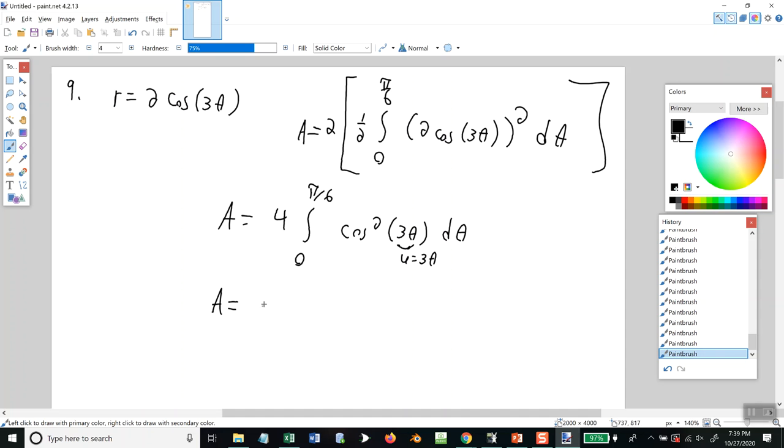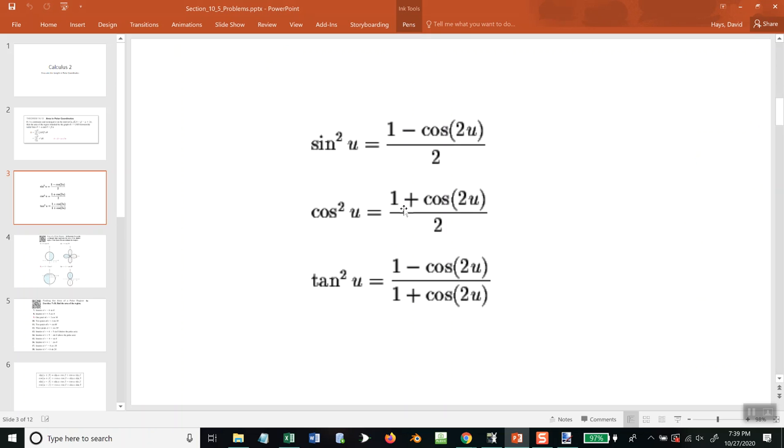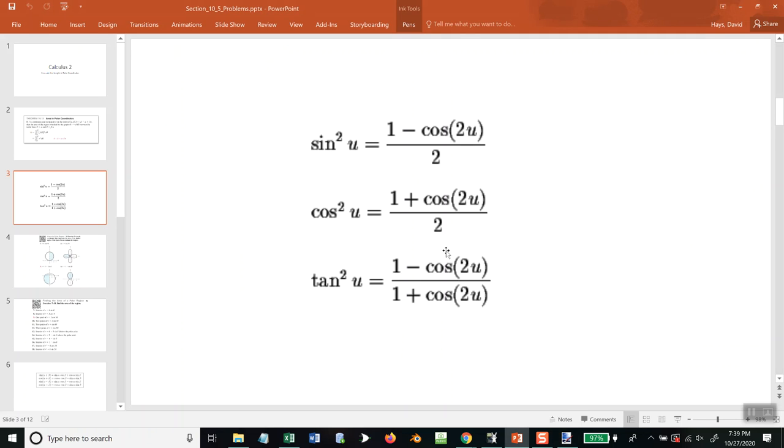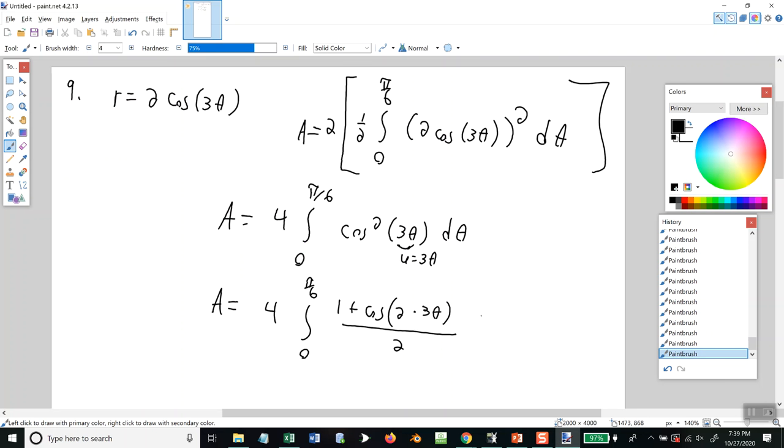And our formula then says cosine squared is 1 plus cosine 2u, over 2. So 1 plus cosine 2 times u, which is 3 theta, over 2 d theta.